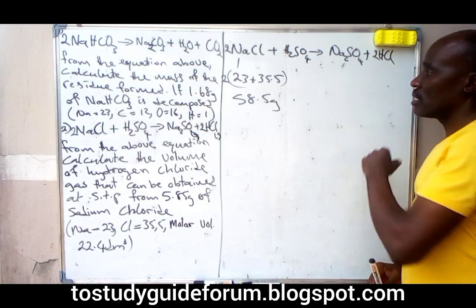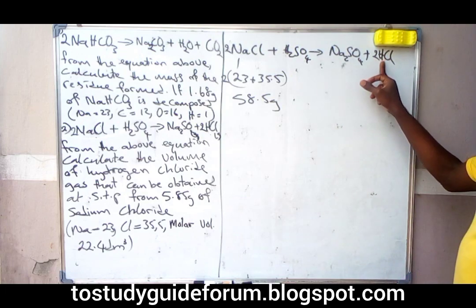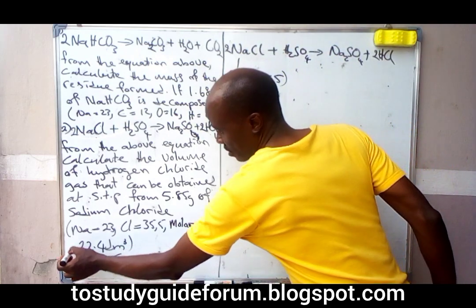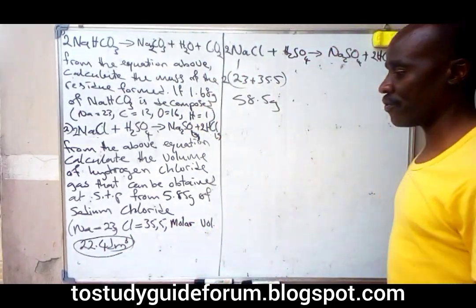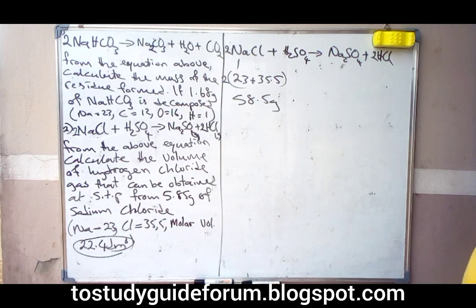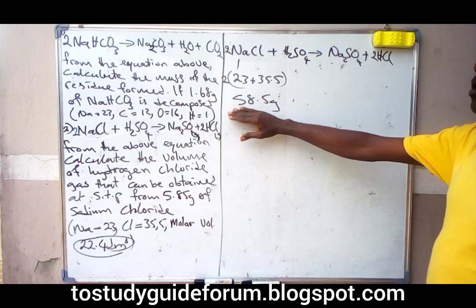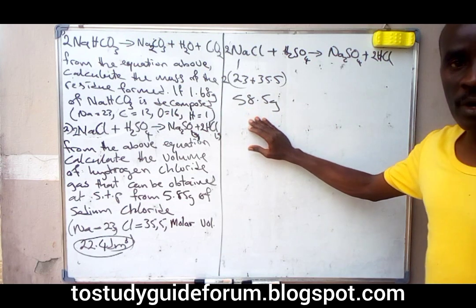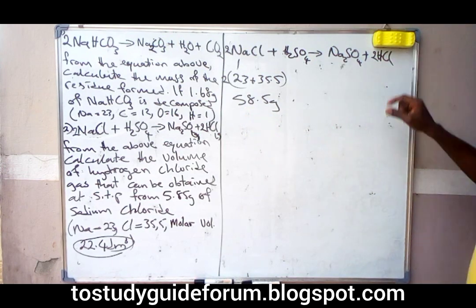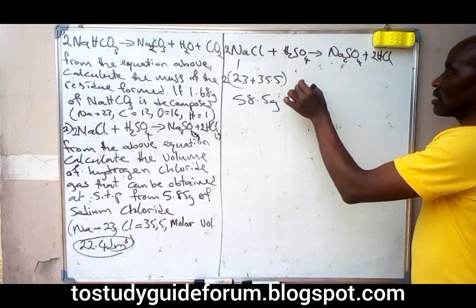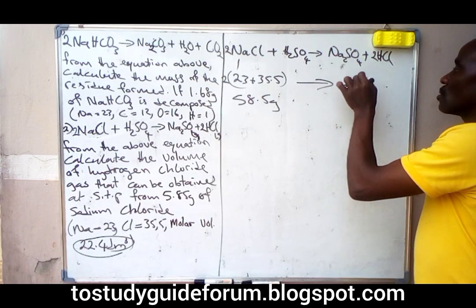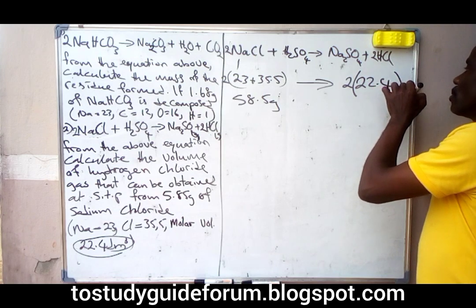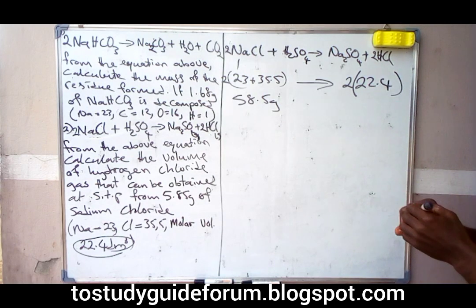So now let's look at the next thing we're looking for, the gas. We are given the molar volume of the gas, which is 22.4 dm3. So it means that for each 58.5 grams of sodium chloride, we have the molar volume of every gas, 22.4 dm3.